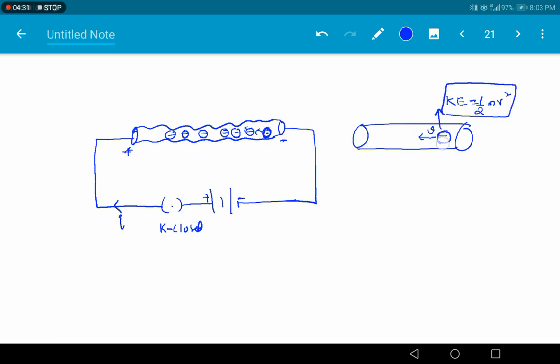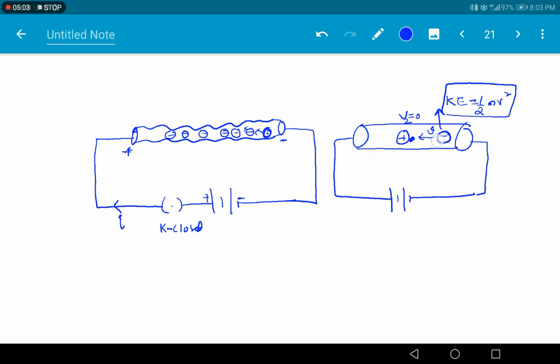This is the energy acquired by the electron due to application of the potential difference between the ends of a conductor. When it participates in collision with the ions of the conductor, it momentarily comes to rest. So the speed of this electron drops to 0. Initial velocity is v and final velocity becomes 0.